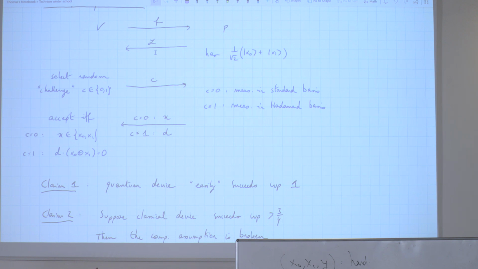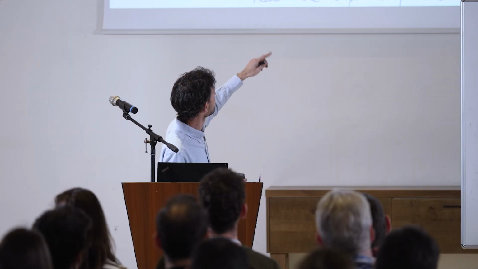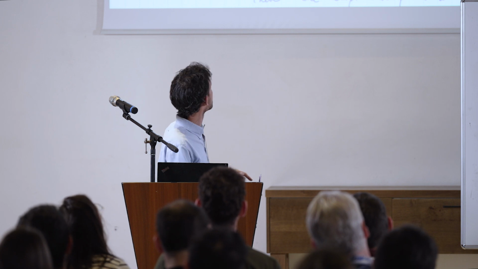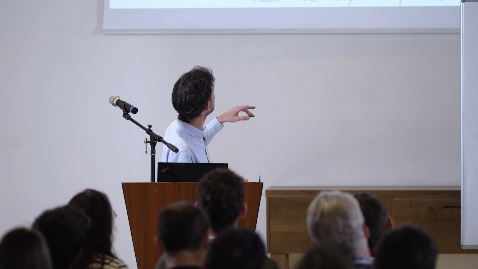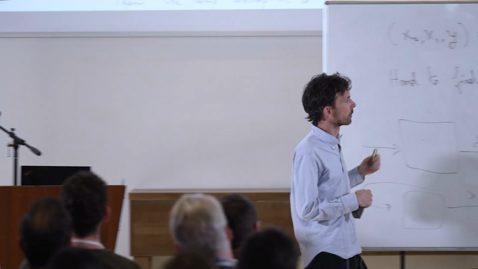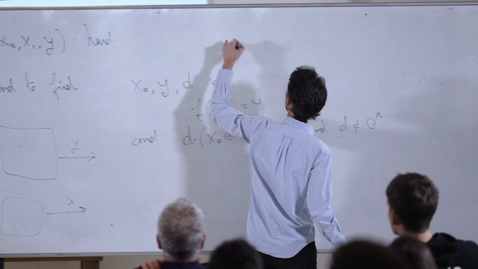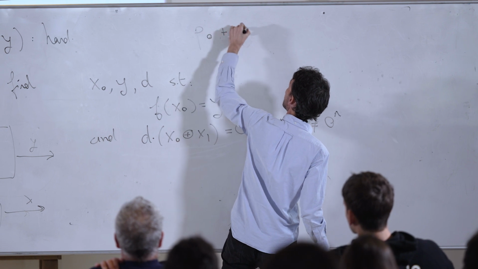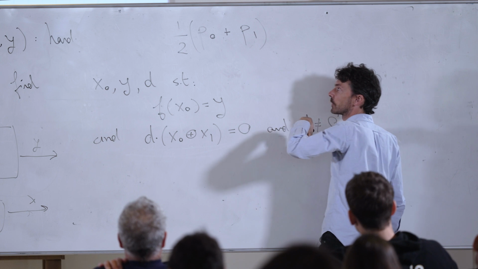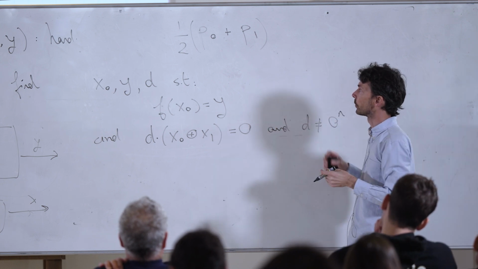Well, the key observation is that if a classical device succeeds with probability strictly bigger than 3/4, then let's do a more fine-grained analysis and compute the probability that it succeeds when the challenge is 0 and the probability that it succeeds when the challenge is 1. Let's call these P0 and P1. The overall success probability is half of P0 plus P1, for the classical or the quantum device, because I choose the challenge to be 0 or 1 with probability half.